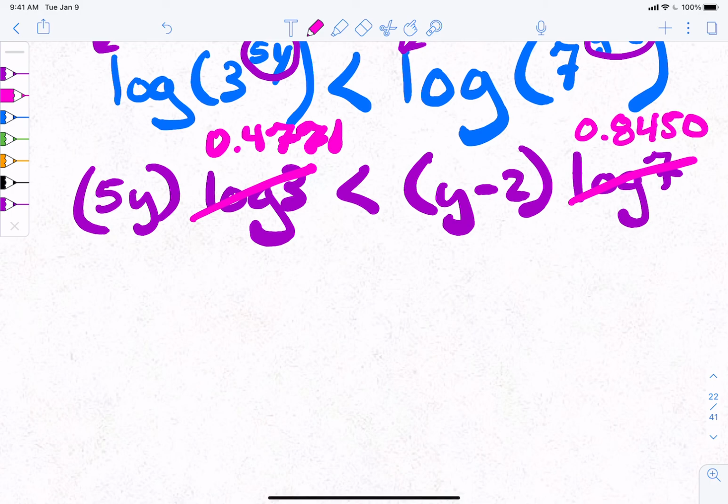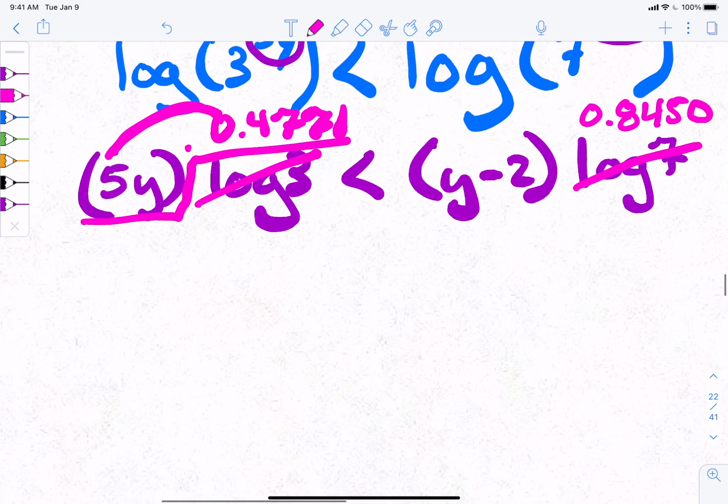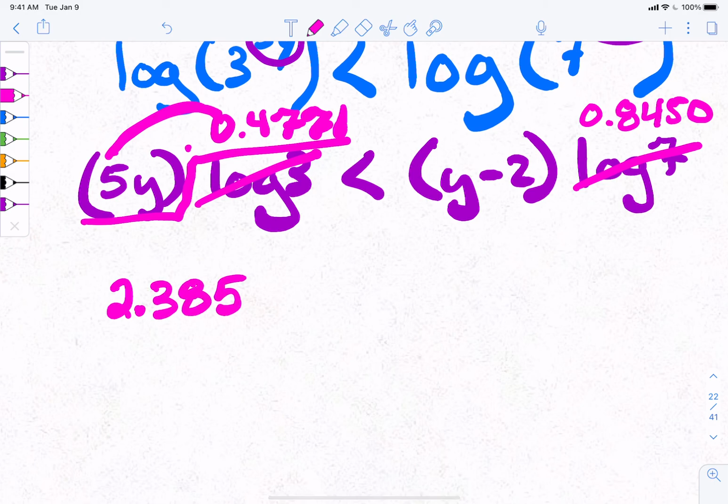All right, so I have 5y times this on the left. Can you multiply the 5 and that together? What's 5y times 0.4771? Take 5 times 0.4771. It's like 2 point something. 2.3855 with a y after it.